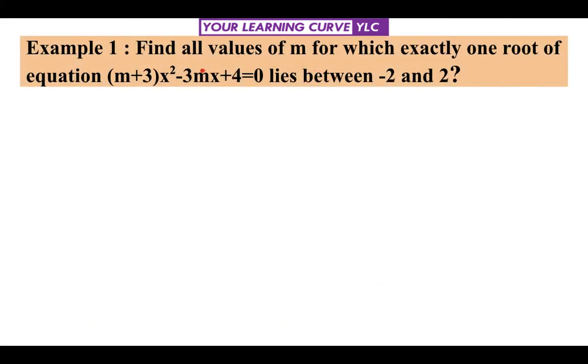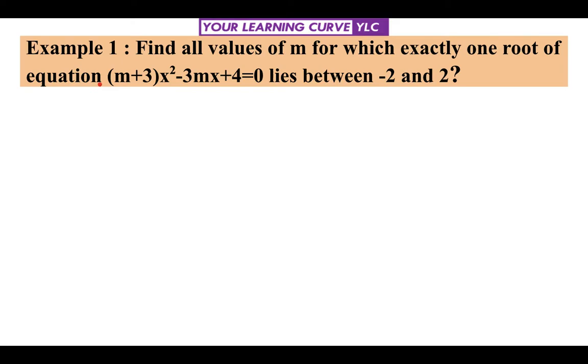Now let's solve an example. You have to find all the values of m for which exactly one root of the equation (m plus 3) x square minus 3mx plus 4 is equal to 0 lies between minus 2 and 2. Every time I am using this variable m, because if I use a, then you will be confused with the leading coefficient, but I have observed that in most of the questions they are giving it a.